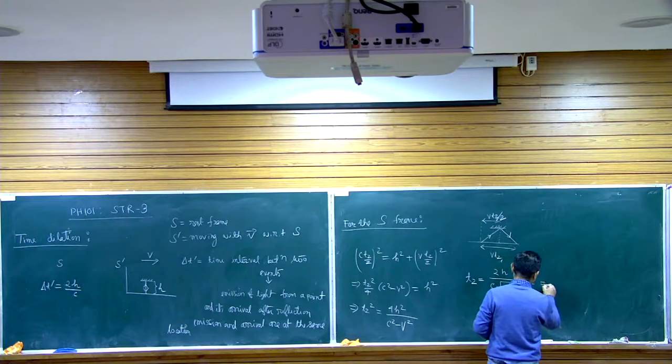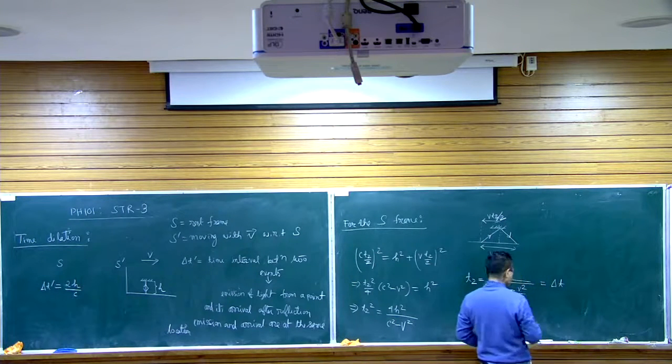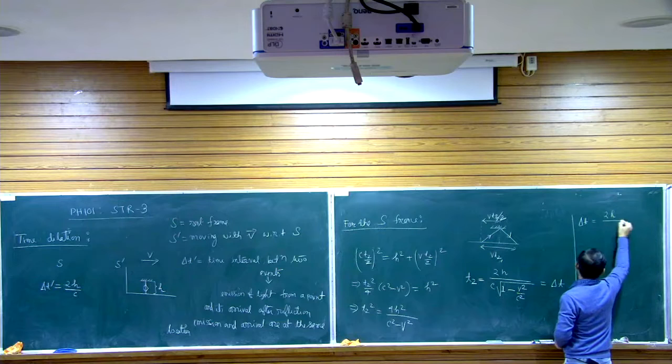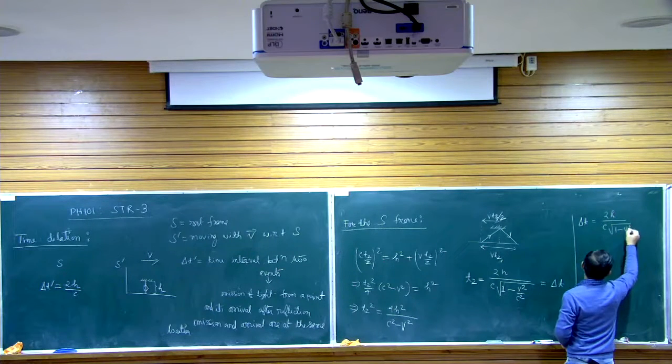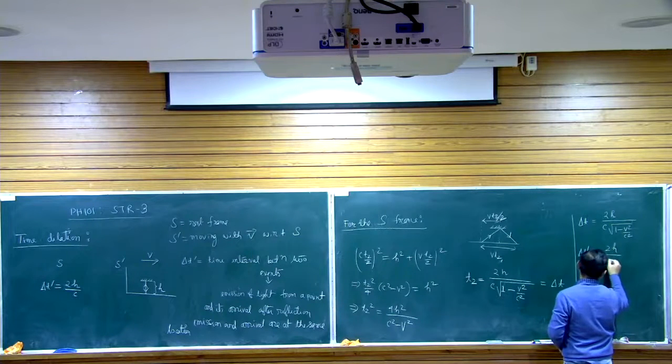So I can call this the time interval delta T. That is coming out to be, in this particular case, 2h by c into 1 upon square root 1 minus v square by c square. And if I'm measuring from the S prime frame, this is 2h by c.